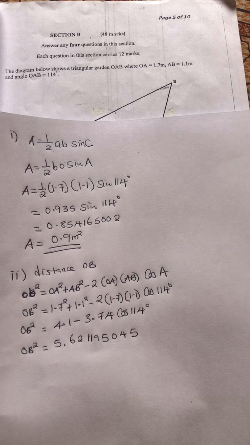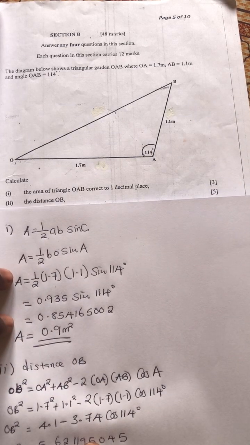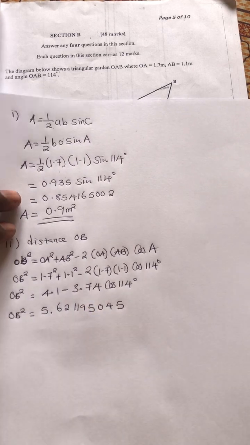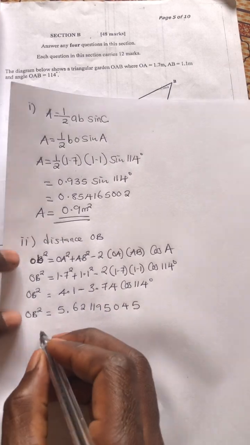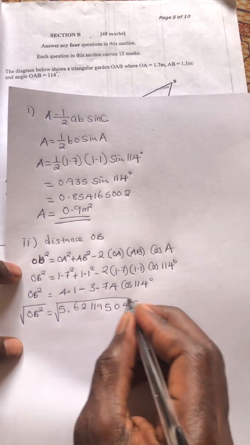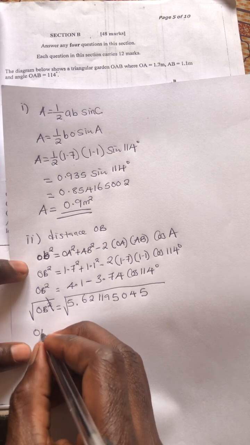On this distance, they haven't specified if we are correcting it to 1 or 2 decimal places, so we'll just leave it in 2 decimal places. When you reach this level, you apply the square root on both sides so that the square goes, and you remain with OB as the distance we are looking for.